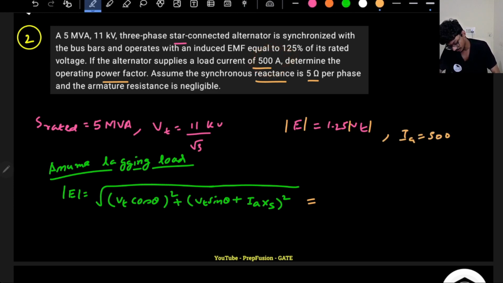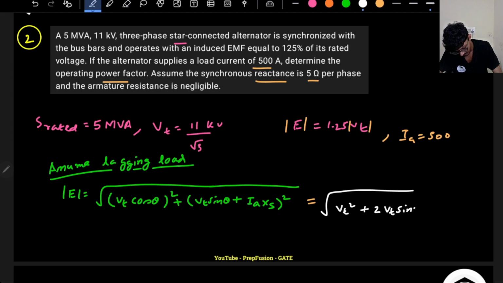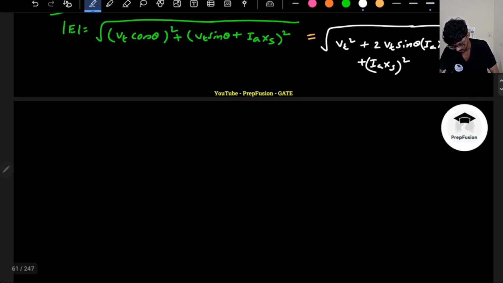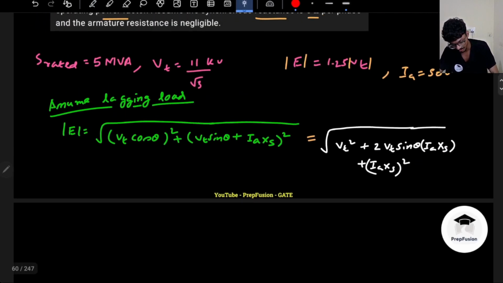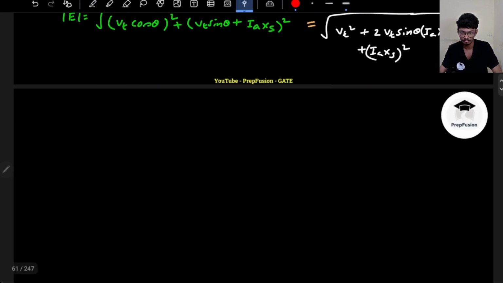If I rewrite this equation, it is Vt square plus 2 Vt sin theta Ia Xs plus Ia Xs whole square, all under root. If I square both sides, the magnitude of E is simply 1.25 of Vt.